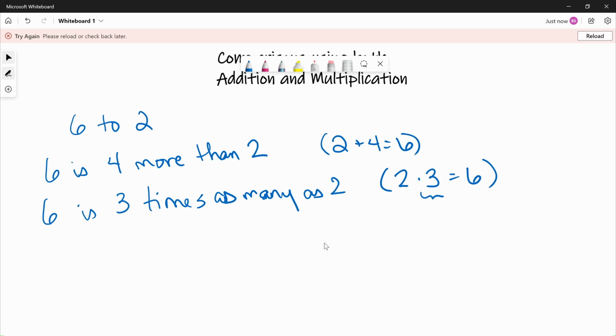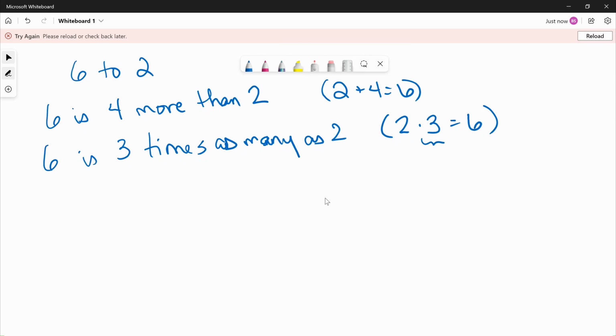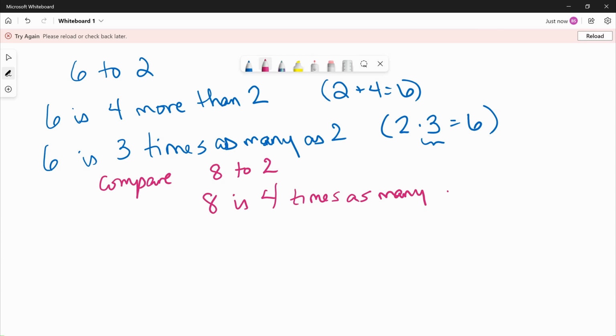All right, so let's look at a different number. Let's look at comparing 8 to 2. If we want to compare 8 to 2, we could say that 8 is 4 times as many as 2. Because 2 times 4 makes 8, or 8 divided by 2 is 4.